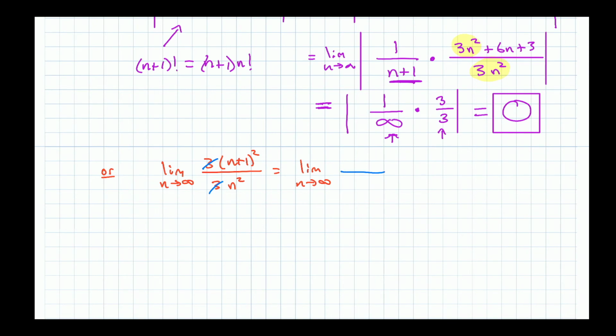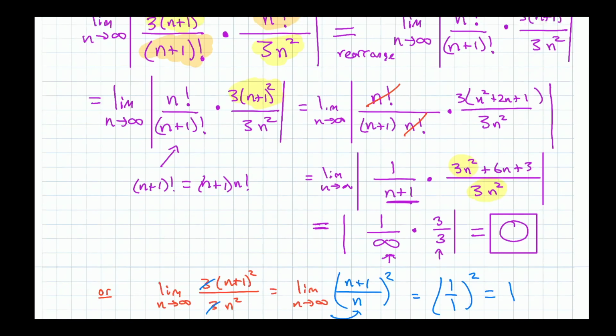And then what I could have done is written the fraction as n plus 1 over n quantity squared. And then you can just do this limit in here, which is going to be, again, because it's the same power, 1 over 1 and then squared, which is 1. So there were a lot of ways to work out this limit right here. But we did anyway, and we got 0 for the final result.